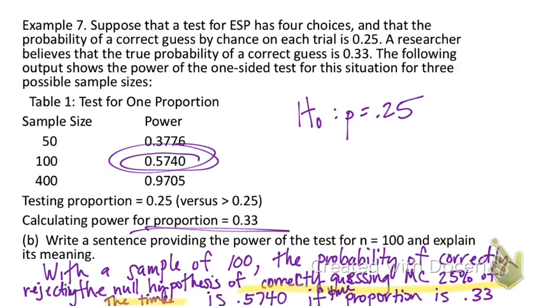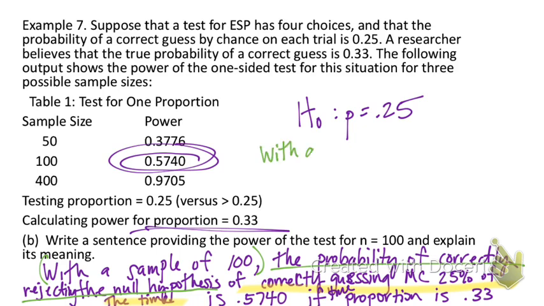So you're going to say with whatever sample it gives you, and it isn't always 100, it could be something else. Whatever sample it gives you, the probability of correctly rejecting the null hypothesis will always stay the same. You'll just write that verbatim every time. Then you'll insert the context of the null hypothesis.